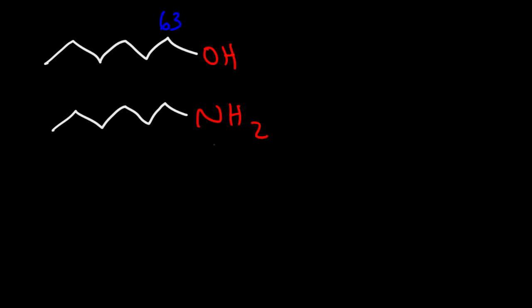First, this is going to be 1-hexanol. The chemical shift for the carbon that is attached to the OH is about 63 for this example. Next, we have an amine, and the carbon that is attached to the amine has a chemical shift of about 42.